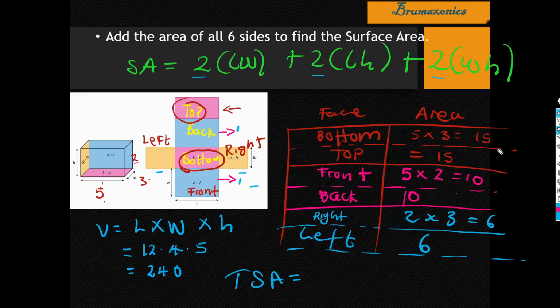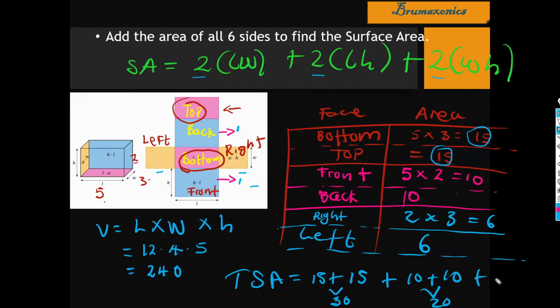So we are taking 15 plus 15, and that will be 30. Then plus 10 and 10, that will be 20, and then plus 6 and 6, which is 12, right?